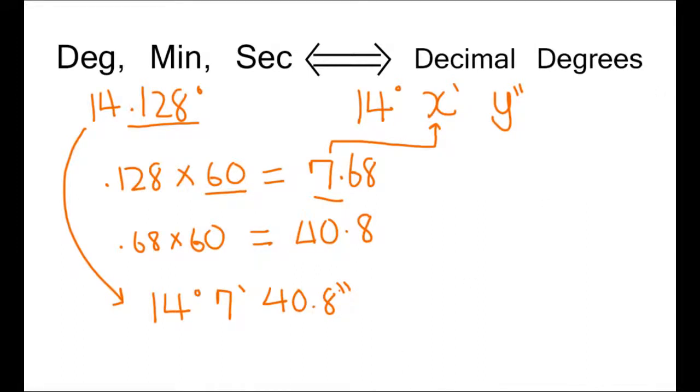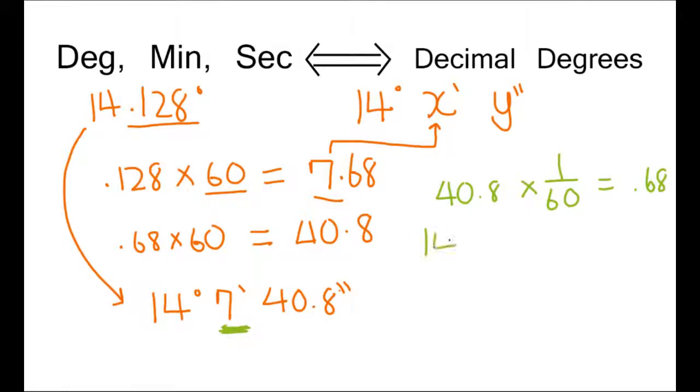And if I want to change this right back into the regular form, I would just take the 40.8 times 1 over 60, and that would be 0.68. So we take this 0.68 and attach it to the 7 over here.